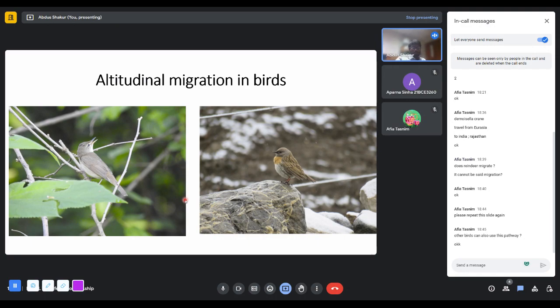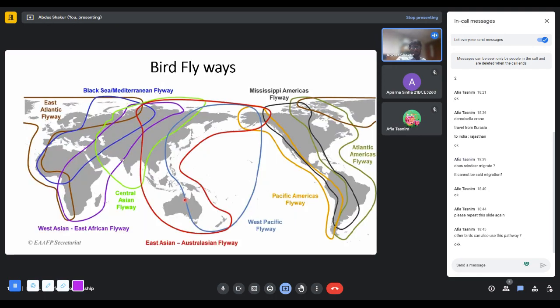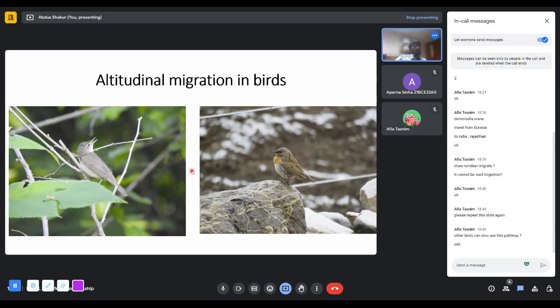Since we are just talking about latitudinal migration, migrating from northern latitudes to equatorial regions or southern latitudes, there is also altitudinal migration that happens in birds. If you look at this reed warbler, it shows latitudinal migration.